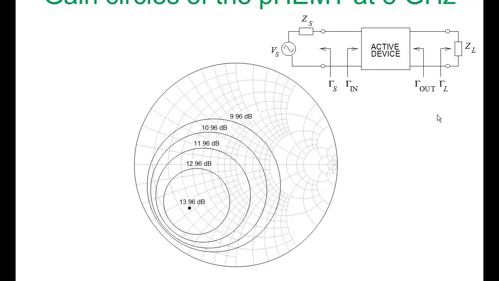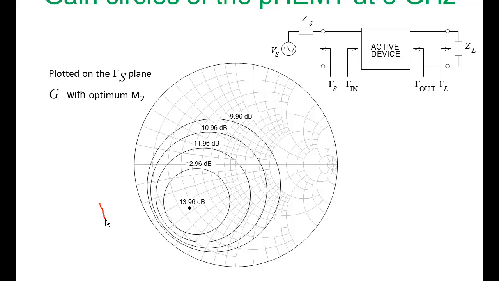Now we can design an amplifier to have a particular gain as long as it's less than the maximum available gain. So what are shown here are what are called the gain circles, and using these gain circles, we can design our amplifier to have a particular gain. What is shown on this screen are the gain circles plotted on the gamma S plane.